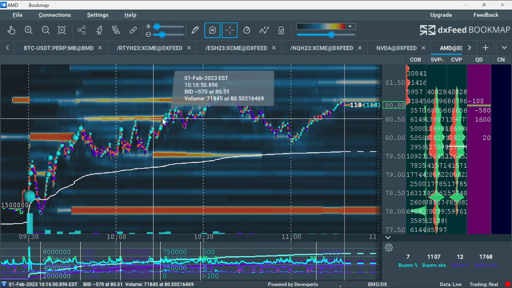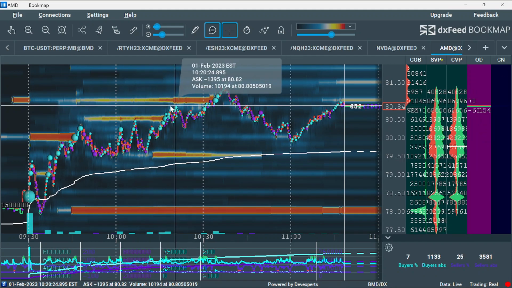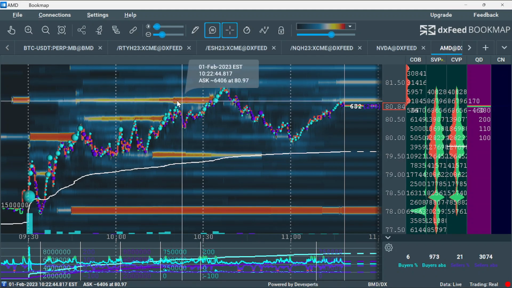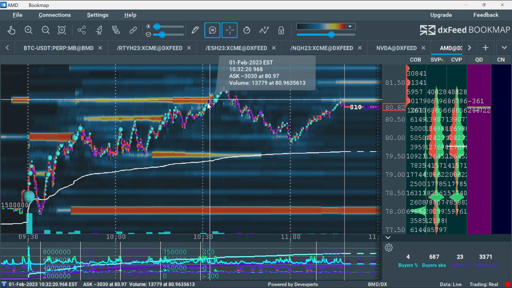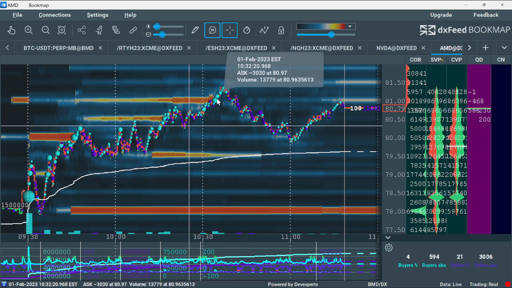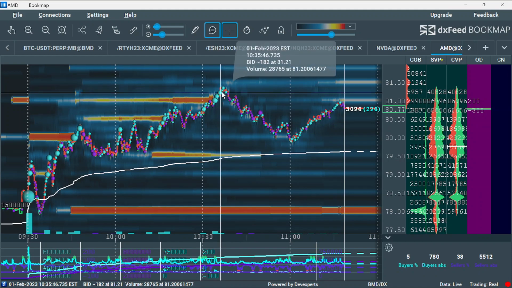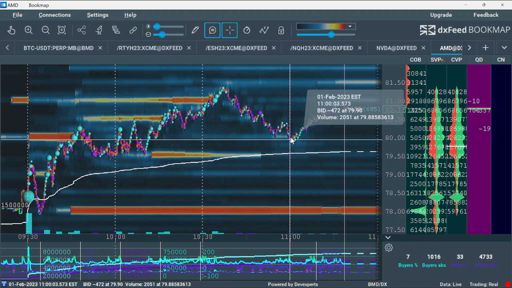Grab this liquidity up here on the offer. Had a little pullback right here when facing this liquidity again at around 81, and ran into it again after the pullback. Kind of burst through that liquidity, and then we pulled back, kind of came back around VWAP area.